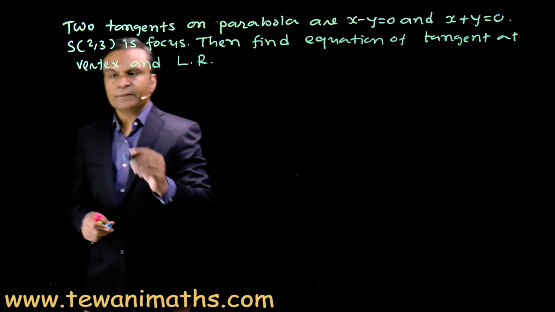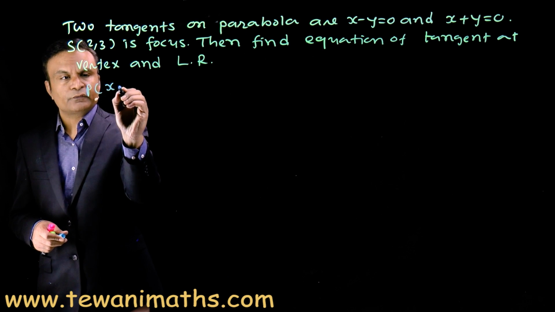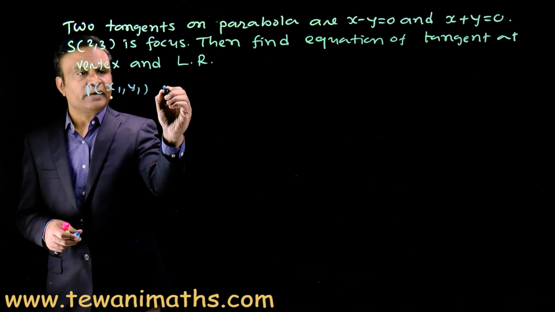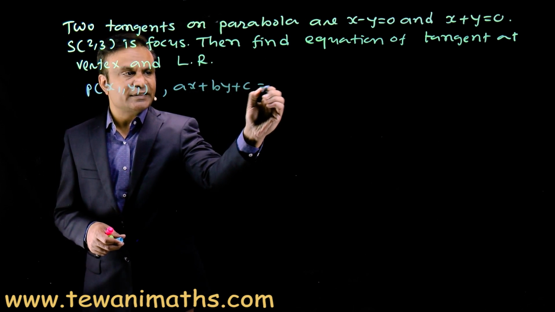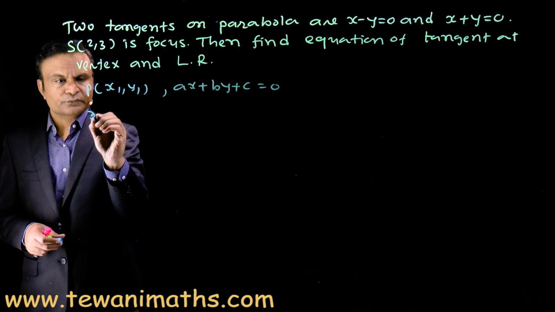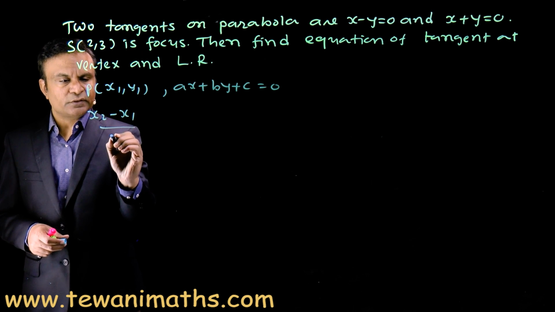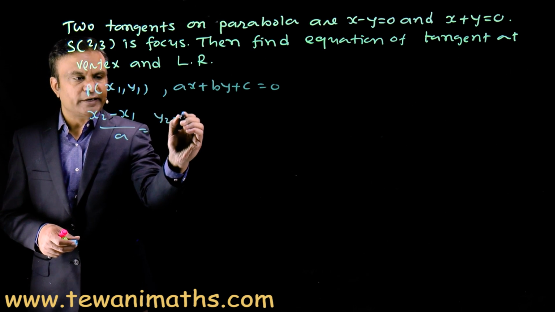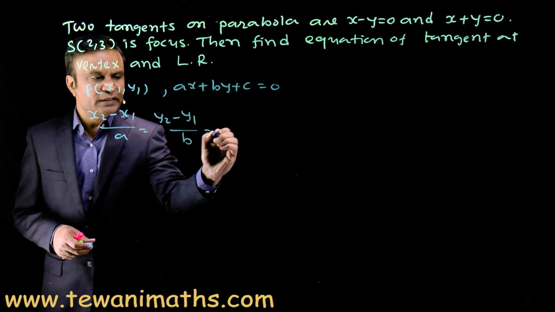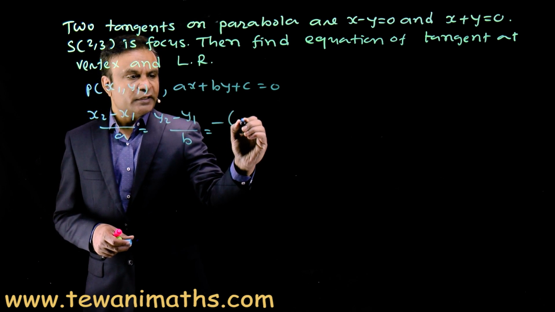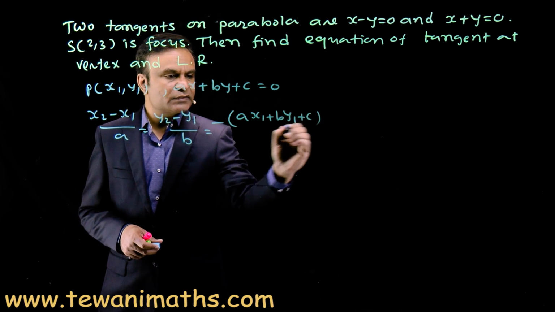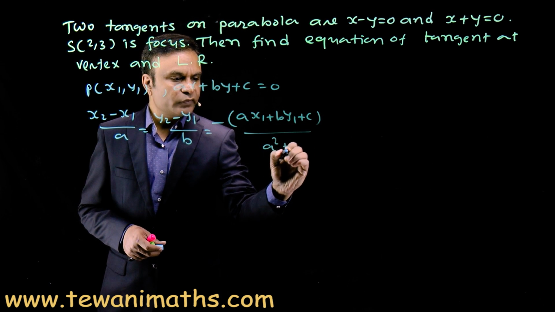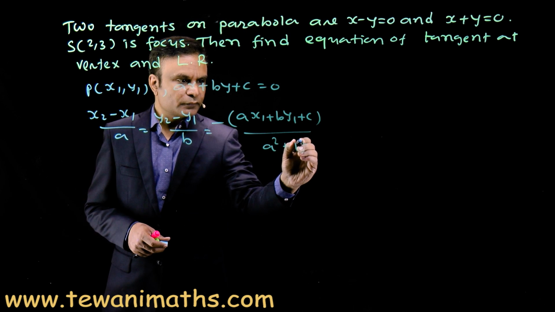Now what is the formula for the foot of the perpendicular from point (x1, y1) on the line ax + by + c = 0? The formula is (x2 - x1)/a = (y2 - y1)/b = -(ax1 + by1 + c)/(a^2 + b^2).